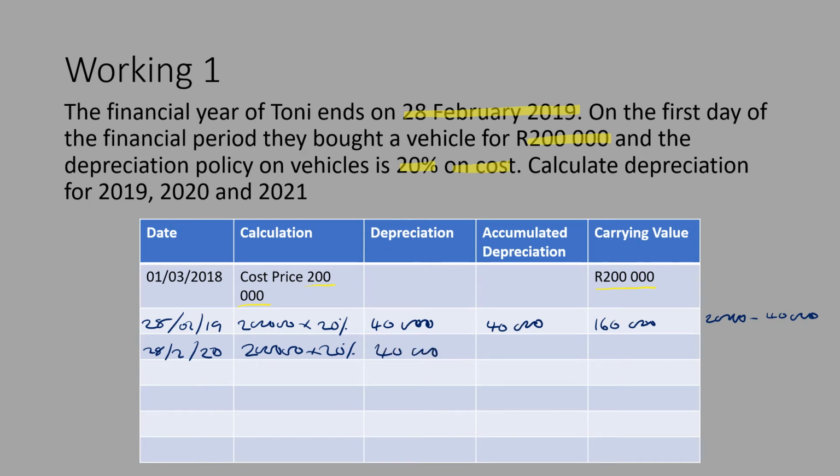So my depreciation will remain the same, but my accumulated depreciation, I'll add this plus this, or you can say accumulated depreciation plus current year depreciation. This will give me 80,000. Then the carrying value will be 200,000 minus 80,000, which is 120,000.